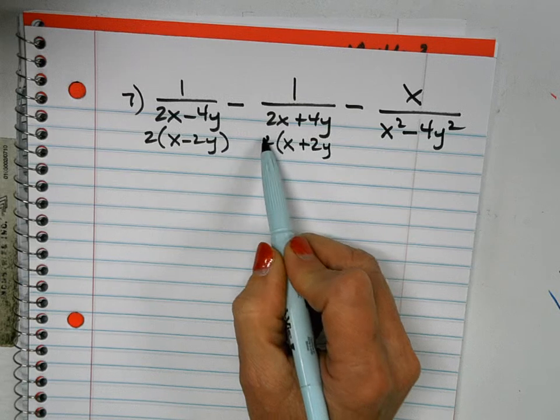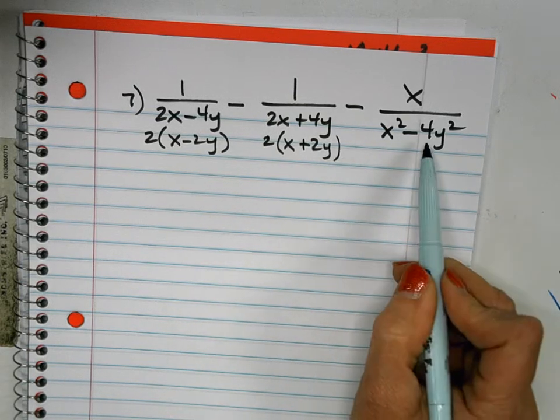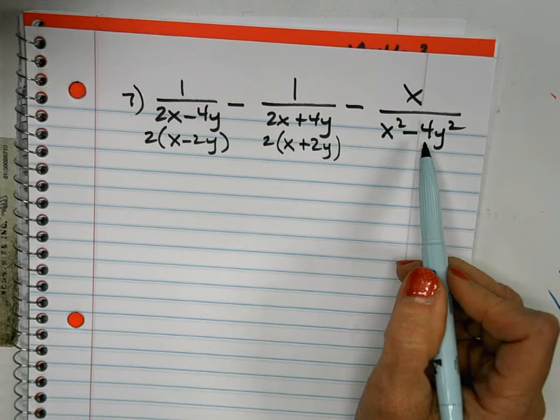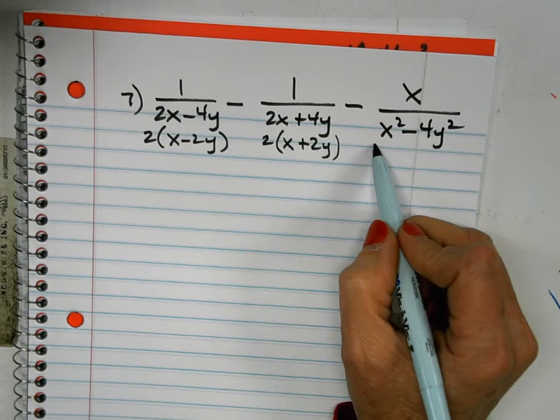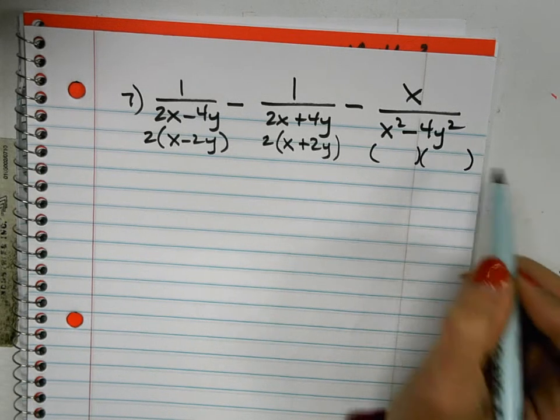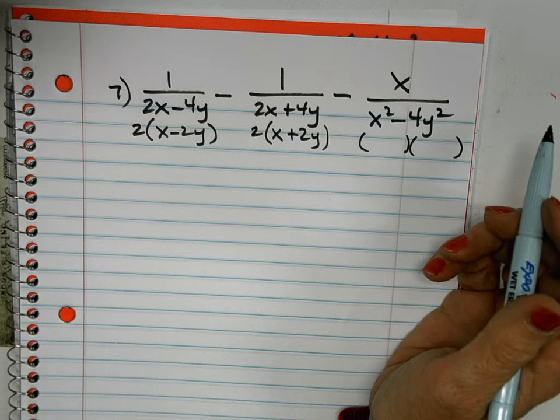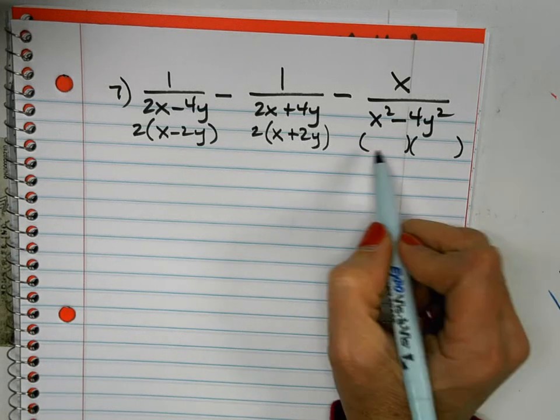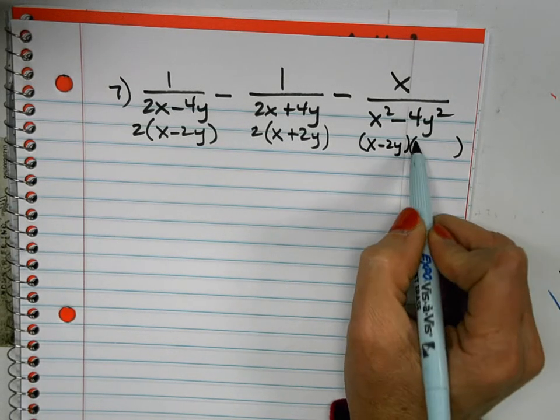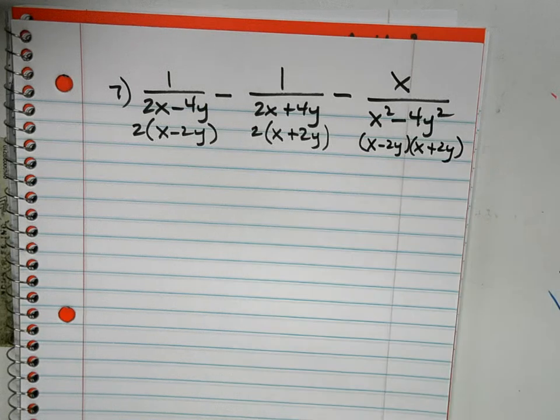And then here, I can factor this as the difference of two squares, right? So Christina, can you tell me what that would factor into? You guys agree? Yeah. All right, now what we're looking for is the least common multiple that all these things go into.